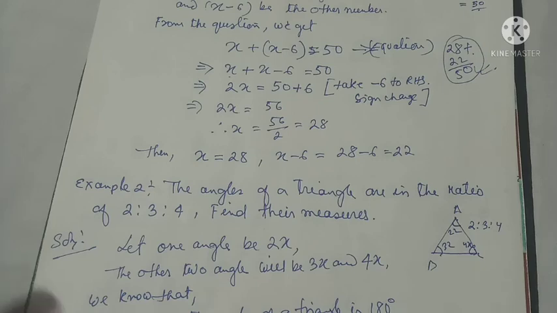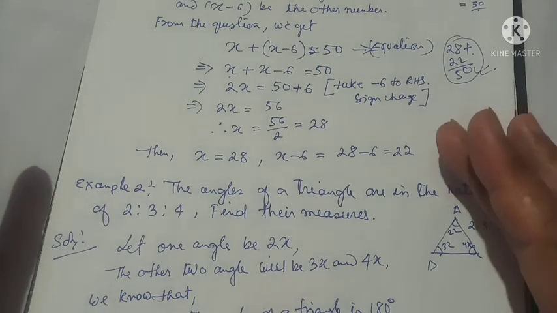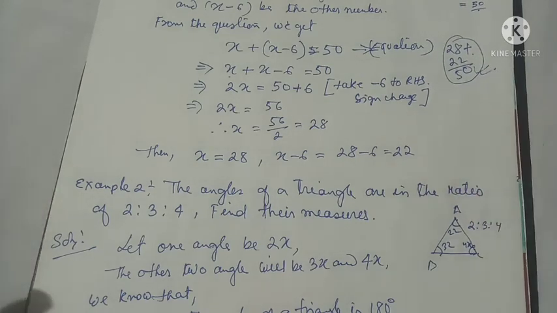We can use both methods together in such types of questions. Application of the linear equation. This is a word problem. In this word problem also we can use both methods, both techniques, both rules. We can find out the variable of the given unknown quantities.